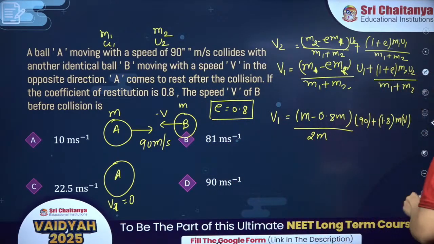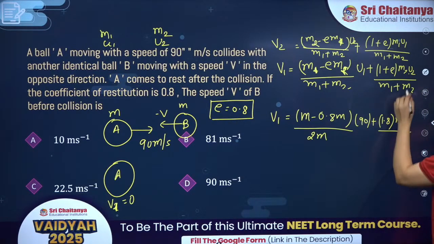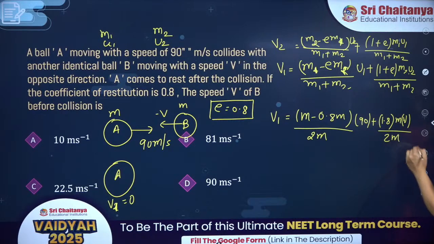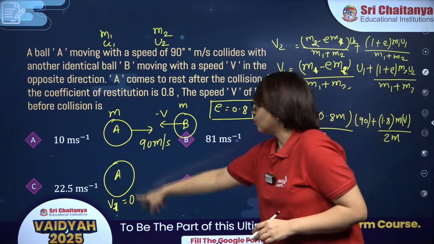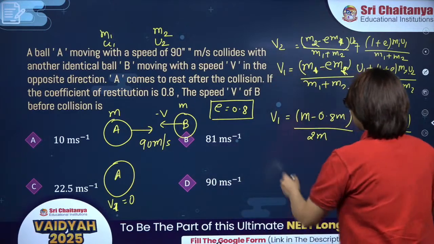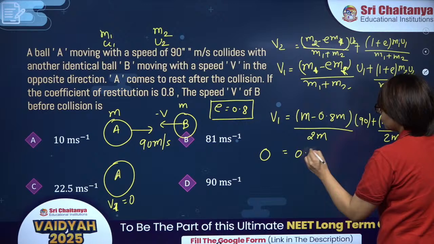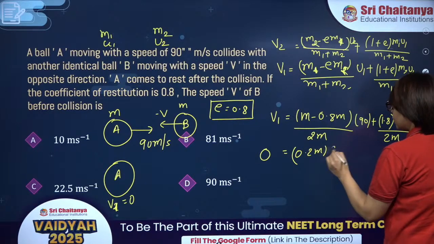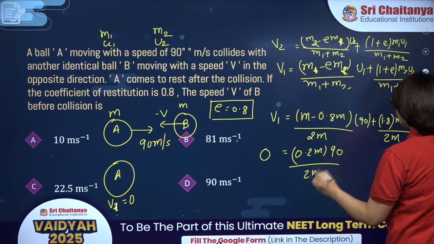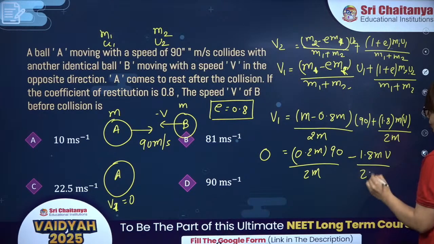So in this case, it will be 1.8 times m into minus v divided by m1 plus m2, which is 2m. v1 is given as 0. After the collision, A is coming to rest. That means v1 is 0. So it is m minus 0.8m, which is 0.2m, into 90 divided by 2m, and this is minus 1.8 mv divided by 2m.